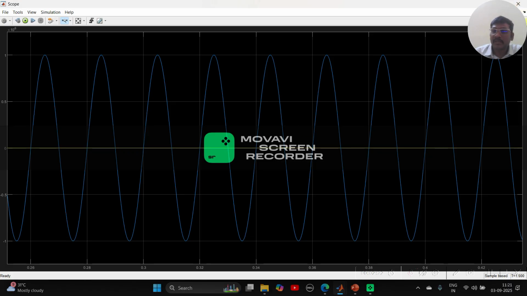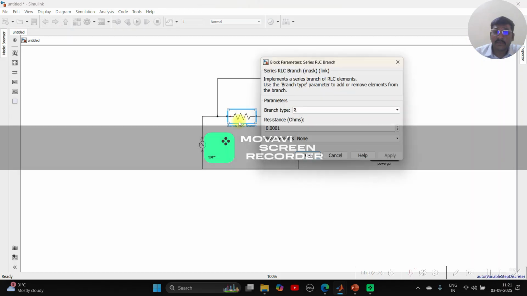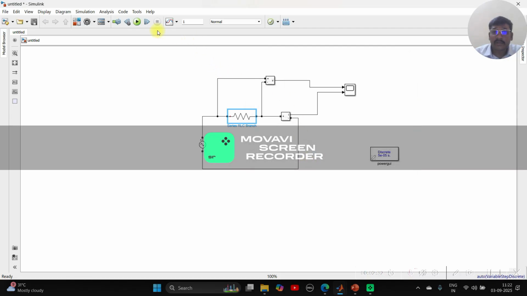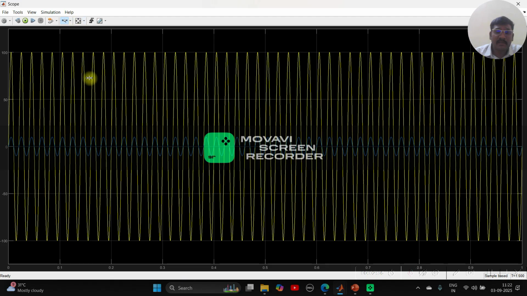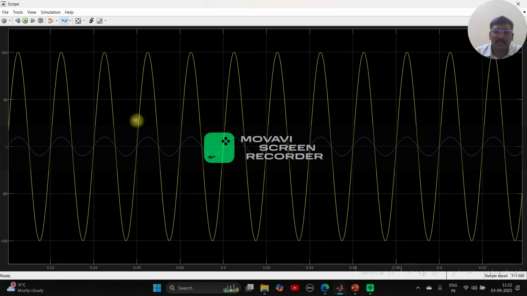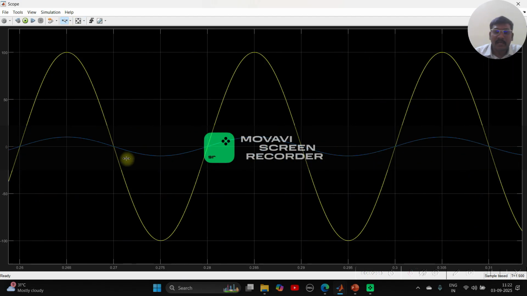Here the current and voltage magnitude is very low, so I am increasing the value of the resistor to 10 ohm. Okay, so here a 10 ohm resistor is connected, and you can see that there is no phase angle difference between the voltage and current. The current and voltage are in phase with each other.